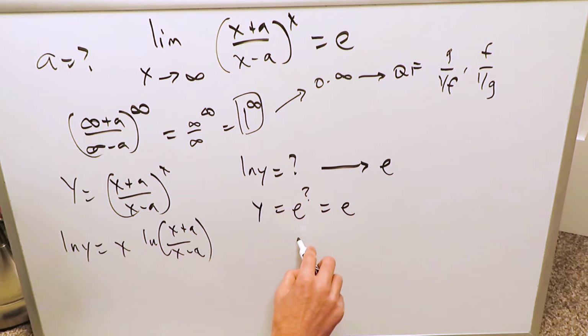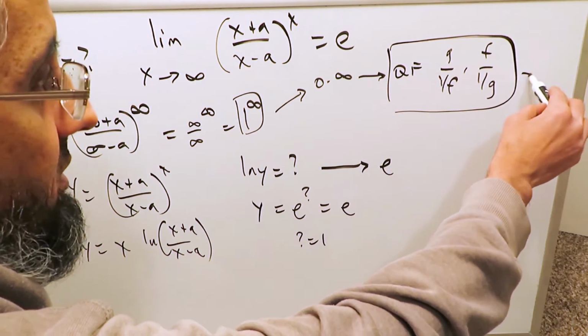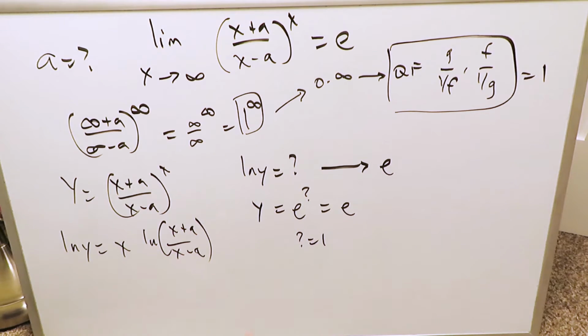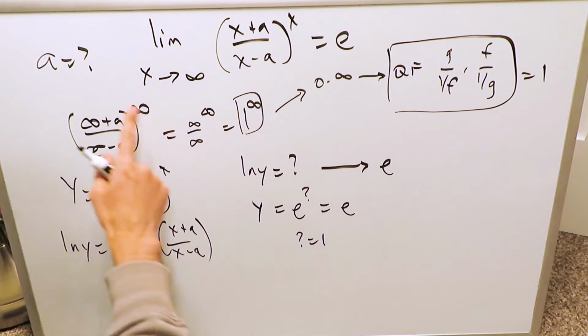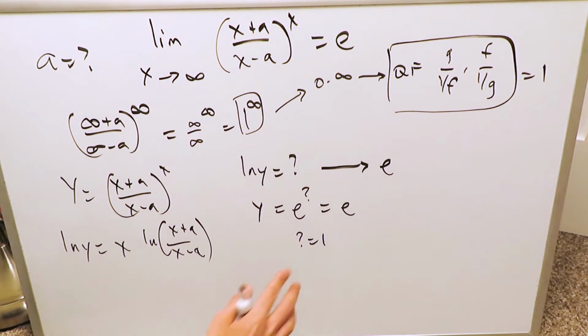What must this value be? That hidden value must be equal to 1, which is telling you that when you're doing the quotient form evaluation, all of this should evaluate to the value 1. That one value will help you determine the a value, because we've already used the end result of this limit for this determination of 1.